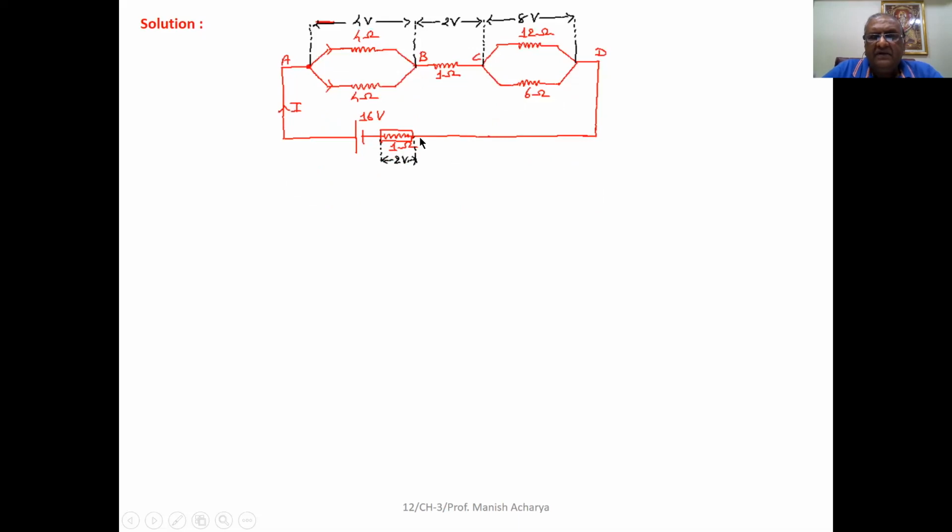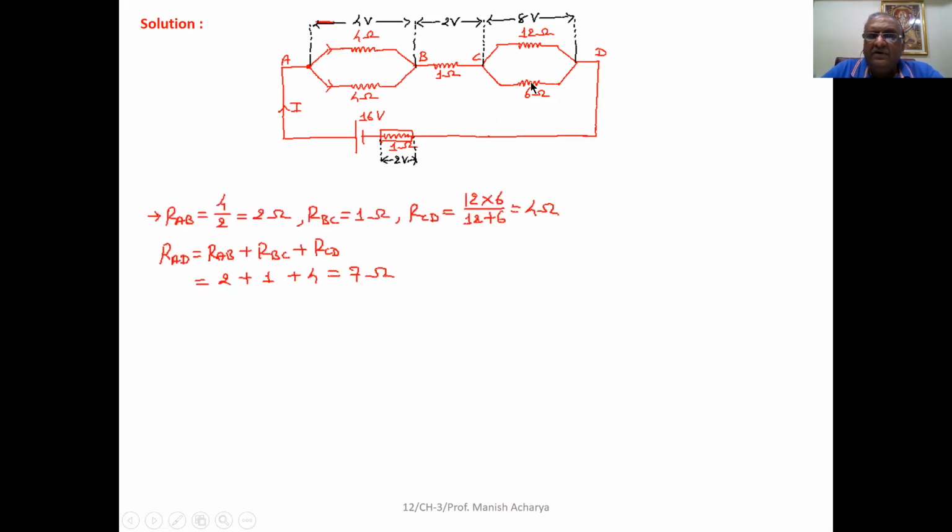See, here, first we can say this thing. These two 4 ohm resistors between A and B are connected in parallel. Similarly, 12 ohm and 6 ohm between C and D are also connected in parallel.